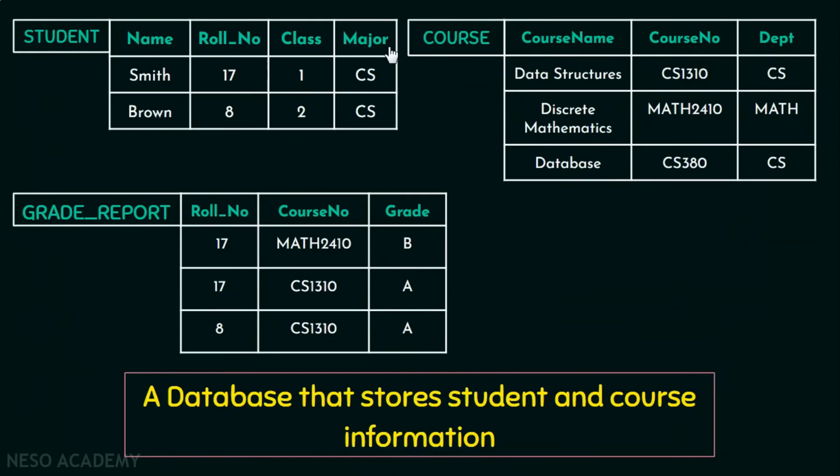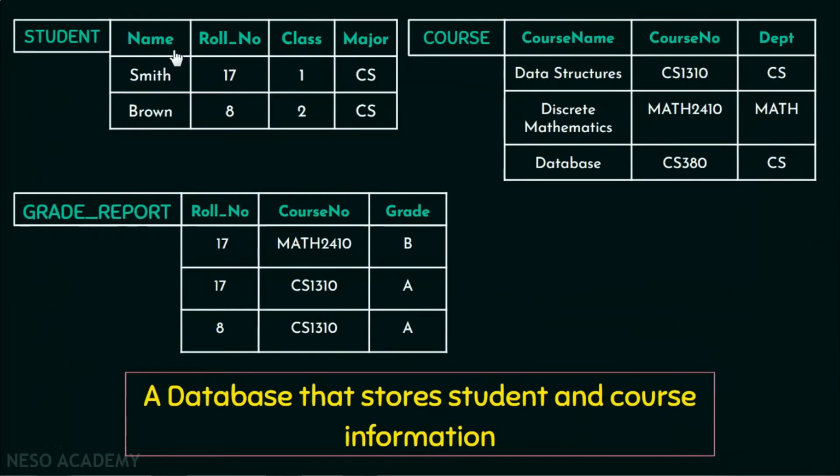Now specifying a data type would be, for example, for student name I can say the data type should be a string of characters, or for data element roll number I can say the data type should be an integer, and so on. And we've already discussed what a constraint is. I can give a constraint on the student name saying that student name cannot be null. So this is all about defining the database.